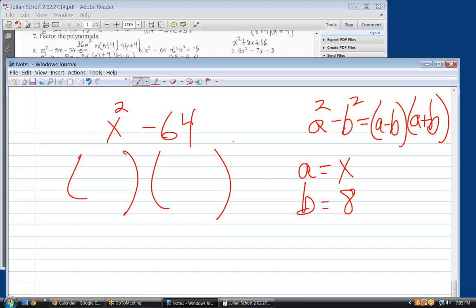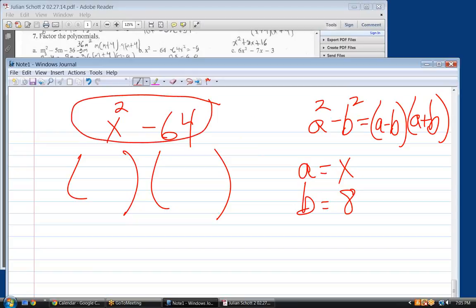In other words, a is always the square root of that, and b is always the square root of that when you have a difference of perfect squares situation. Because this over here is a squared. Well, that's x squared, so x has to equal a. So how does this factor?